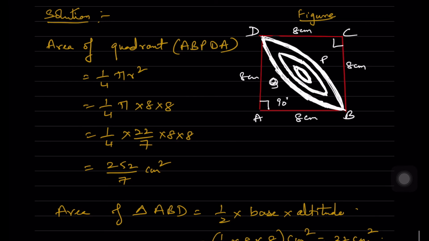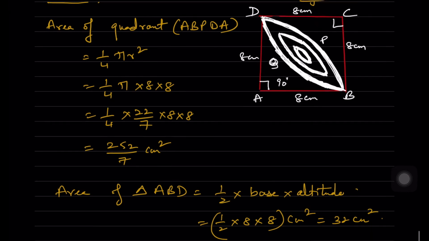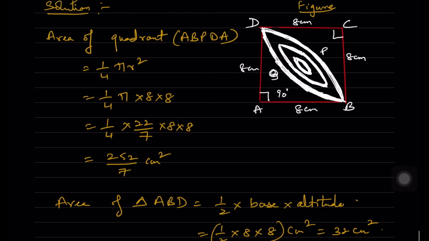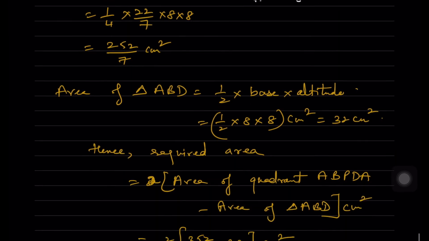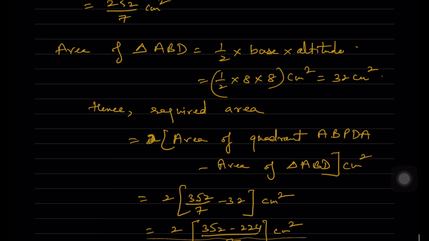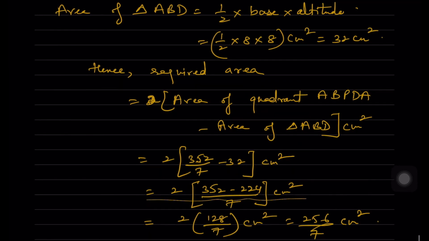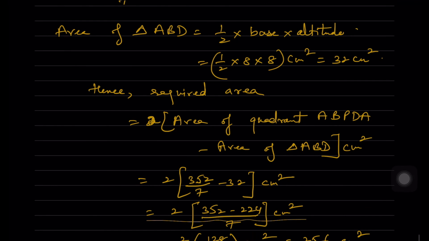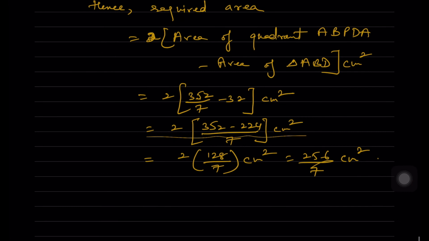Now next we have to find out the area of the triangle ABD, which is equal to half into base into altitude. So which is equal to half into 8 into 8 centimeter square, which is equal to 32 centimeter square. So hence required area is equal to 2 into area of quadrant minus area of triangle ABD, because there are two quadrants and there are two triangles over there.